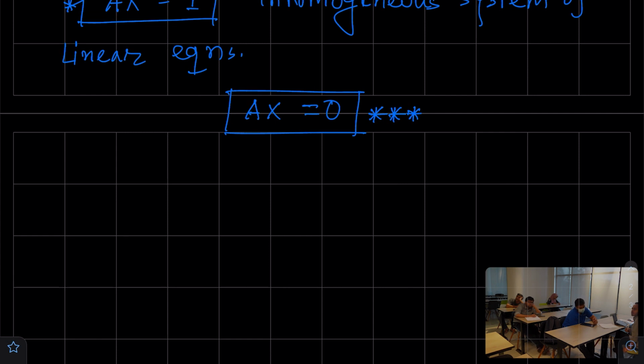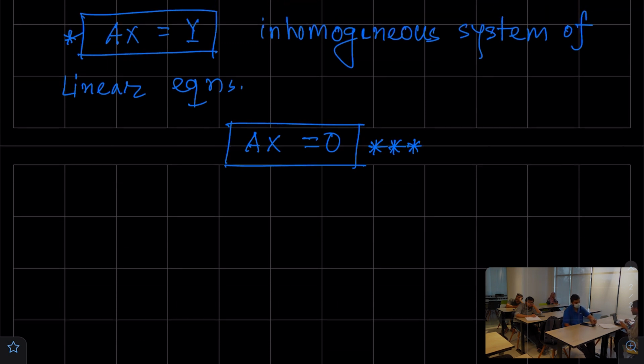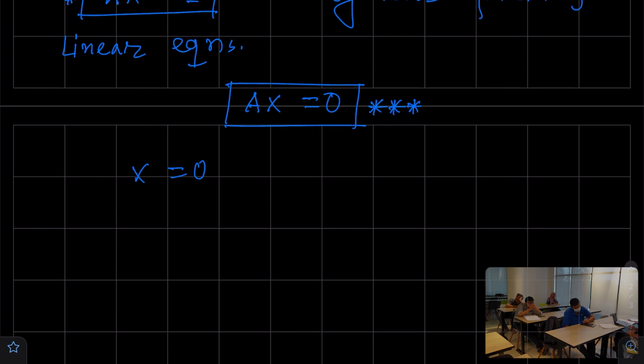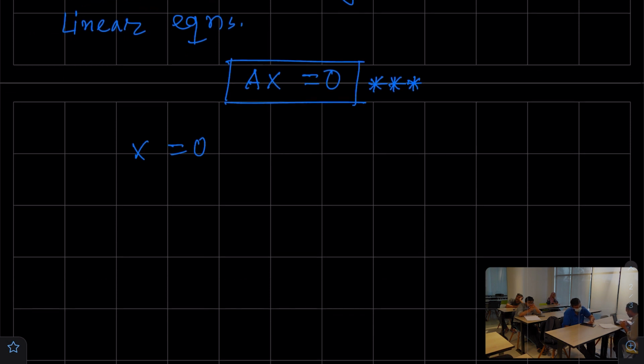So when we are considering the inhomogeneous system Ax equals y, does x equal to 0 work? If I consider A to be a matrix of size m cross n, then x is an n cross 1 matrix, right?